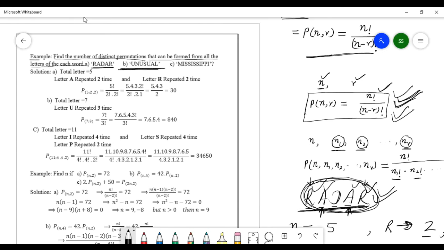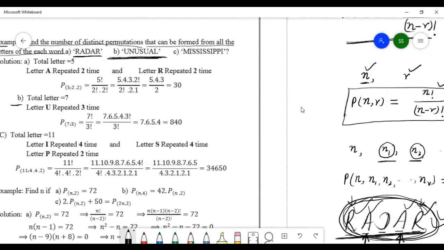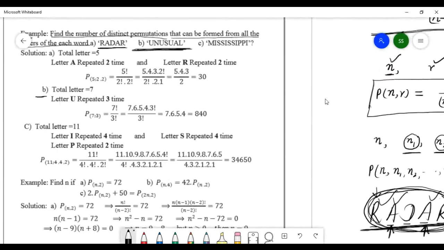You can see this. You repeated here, sometimes 3 times. So number B is here. See, look over here. See number B, unusual.